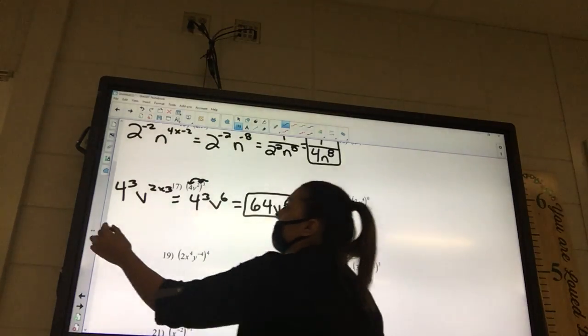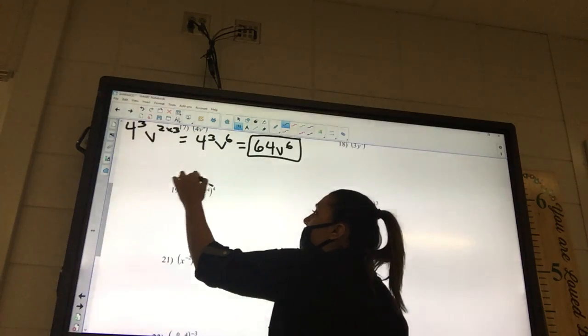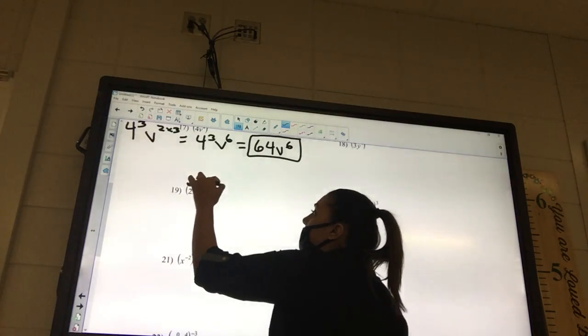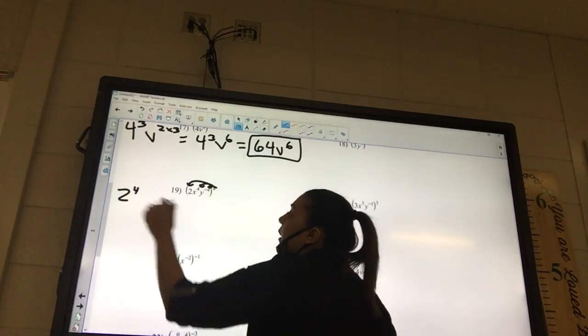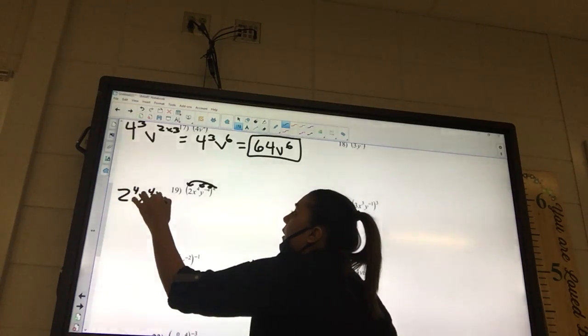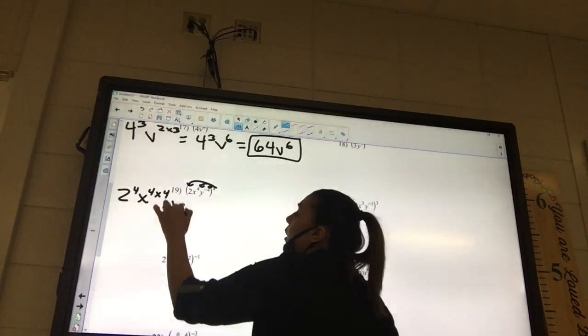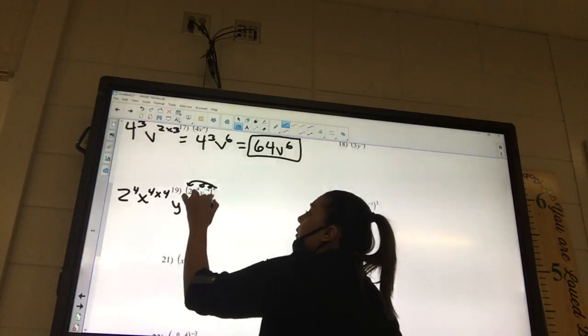Okay, 19. This 4 needs to go to every piece. So I have 2 to the 4th, x to the 4 times 4, y to the negative 4 times 4.